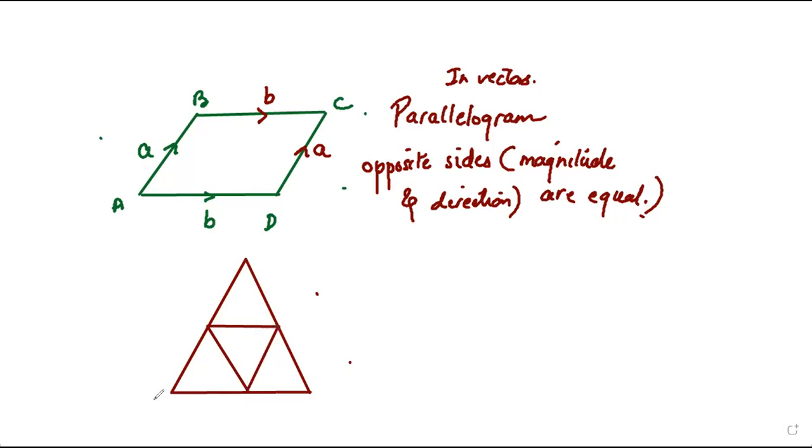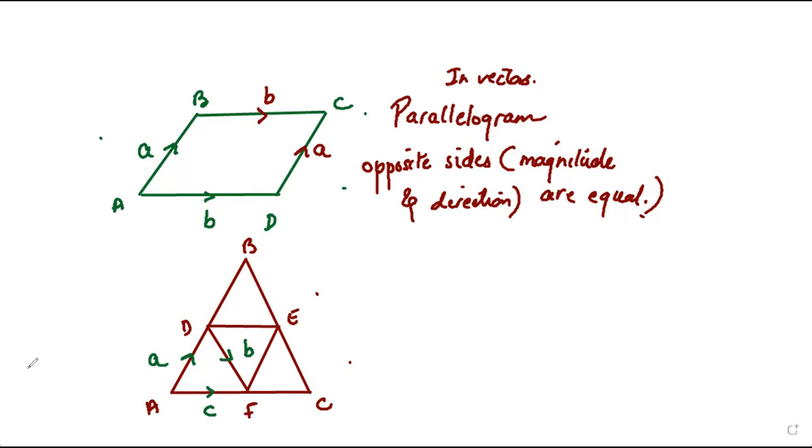Suppose this is A, B, C, D, E, F. Its value is given as A, its value is given as and direction is B, and this is given as C. Now what you have to do, you have to find all the other vectors.